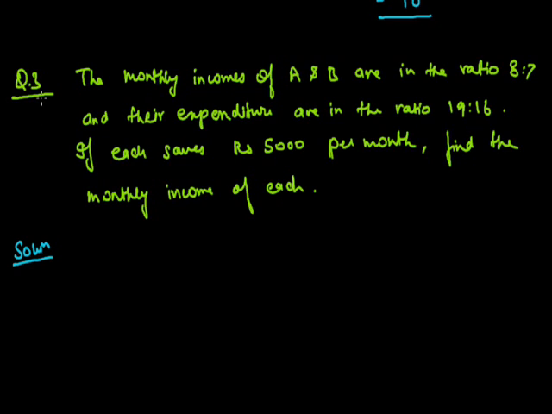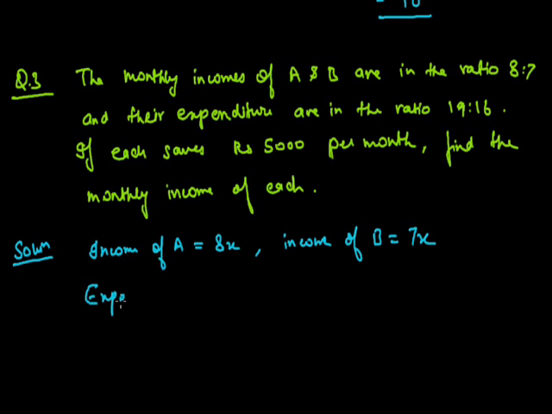First we'll take the income of A as 8x and the income of B as 7x. As they are in the ratio 8:7, we have taken it as 8x and 7x. So the income of A is 8x and the income of B is 7x, and accordingly we'll take their expenditure.